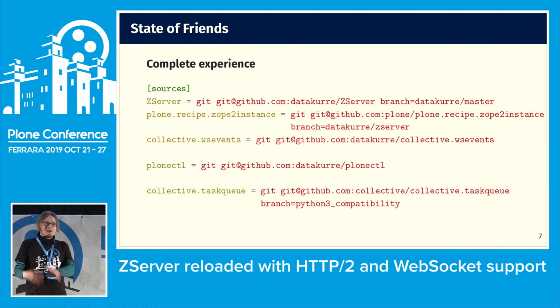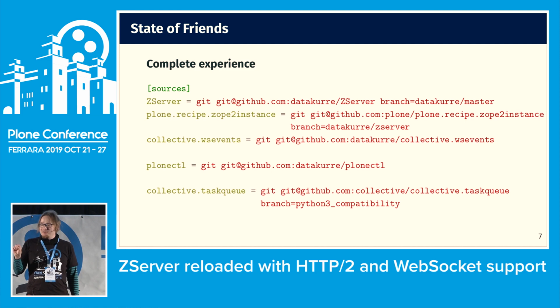And once you get the slides from the internet, there's a list of where my code currently is. So you need the new ZServer for your buildout from my latest branch in that GitHub repository. And then you need a fork of plone.recipe.zope2instance to allow you to configure Python 3 without WSGI. Currently you can't disable WSGI on Python 3 with plone.recipe.zope2instance, but with this branch you can.